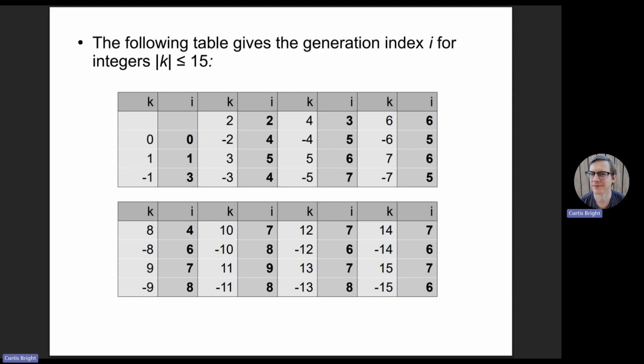So this sequence that's bolded, 0, 1, 3, 2, 4, 5, 4, 3, 5, 6, 7, gives us a nice sequence that tells us where we can find these integers in the tree. So of course, the first thing we did was check if it was in the OEIS, and it wasn't. It's there now, but it wasn't when we first came up with the sequence. So this is an interesting sequence.